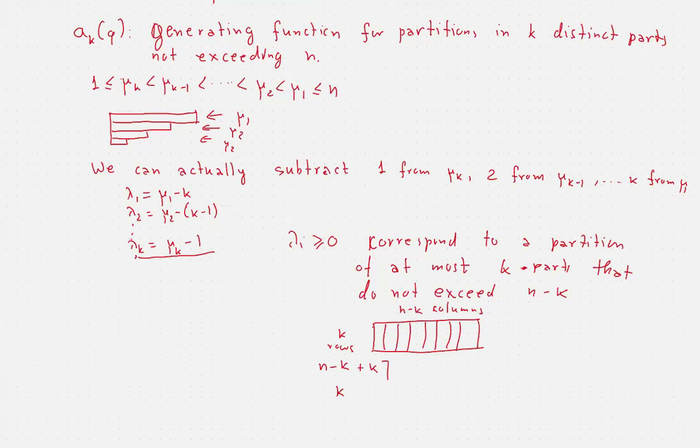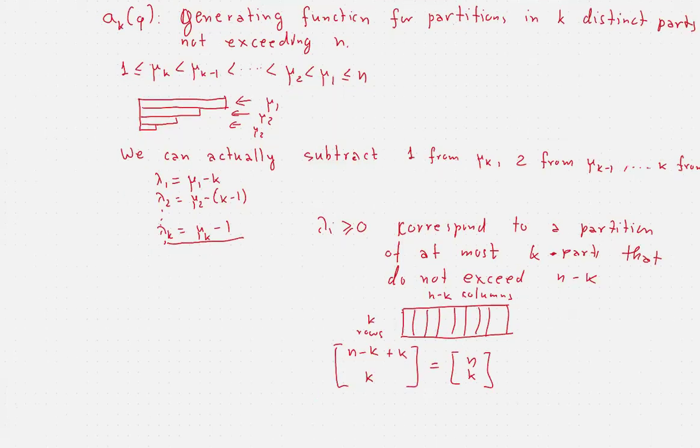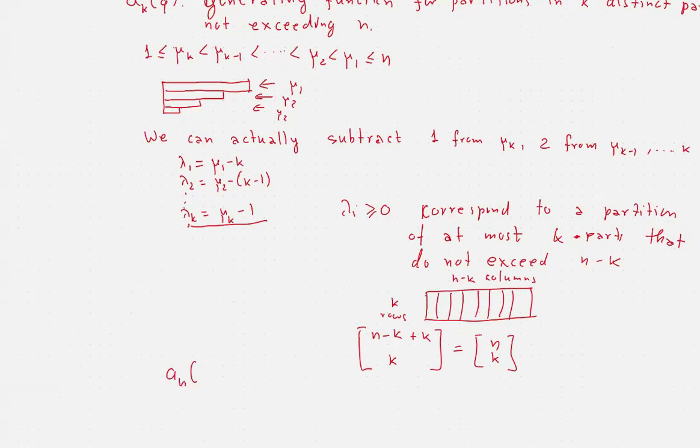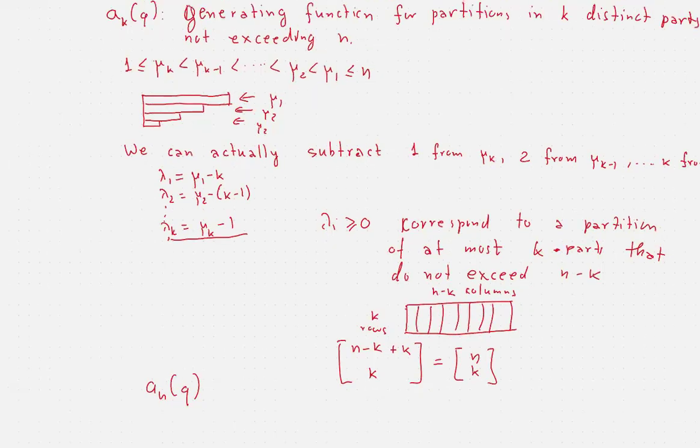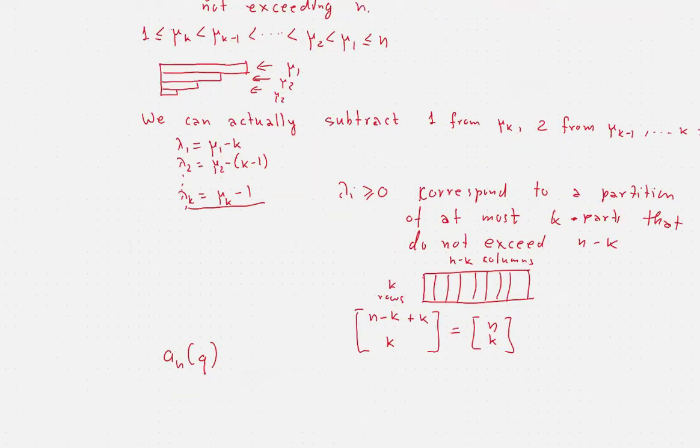So this tells you exactly that a_k(q) is n choose k.